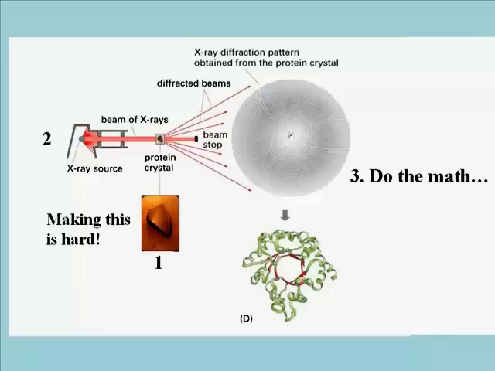Then the expert does the measurements and the math, with the help of a computer, of course, and comes up with a model for the protein, also built these days with a computer. And that is how we get these very pretty pictures of proteins in your textbook and elsewhere, of course.